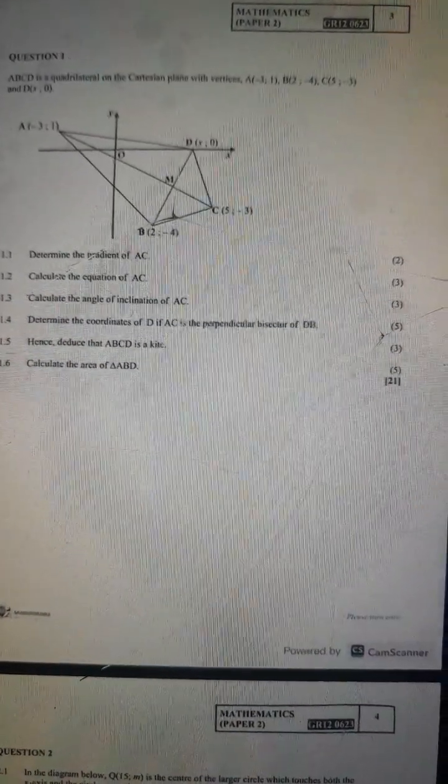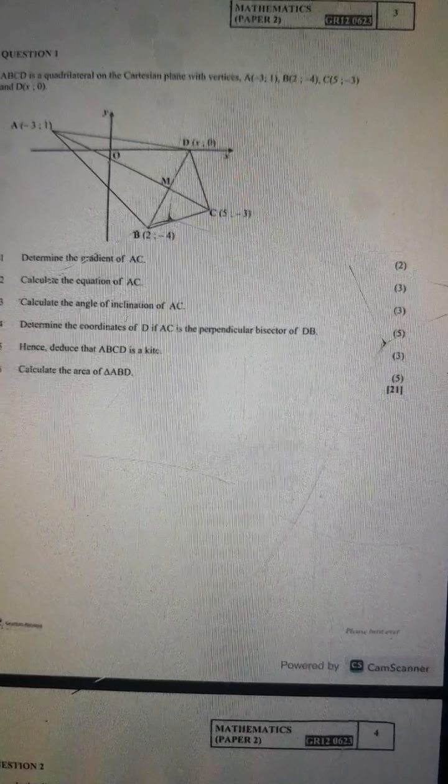We have to calculate the lengths. Take a look at the length of AB and the length of AD. They are equal, isn't it? Again, take a look at BC and DC. Their lengths are equal. So we have to prove that, so that we can prove that this is a kite. Let's put that into practice.